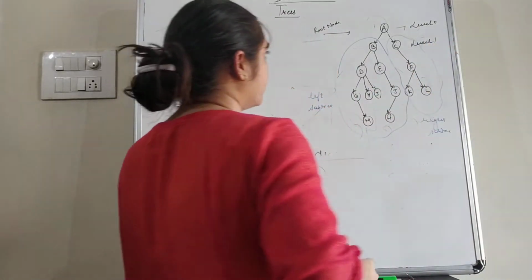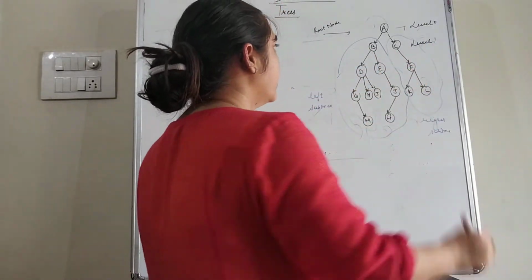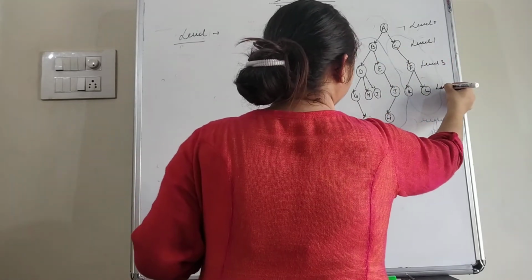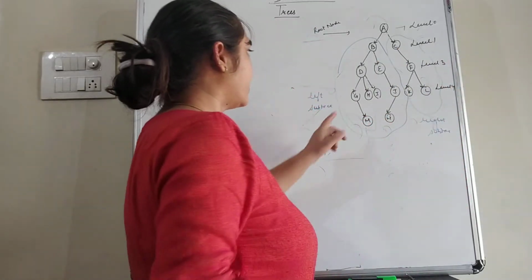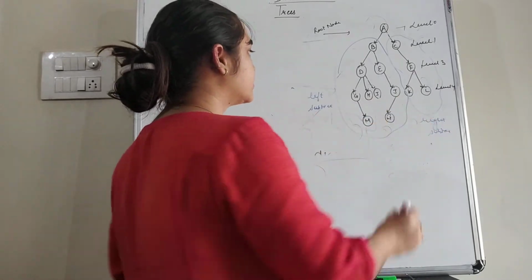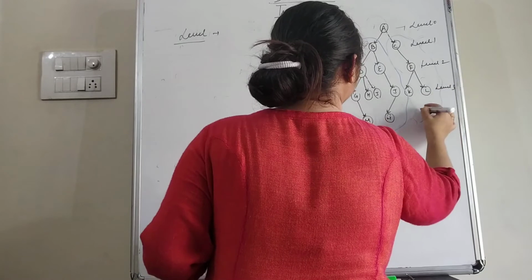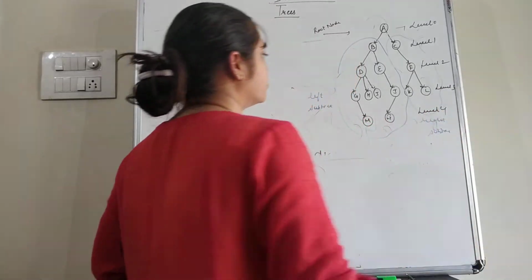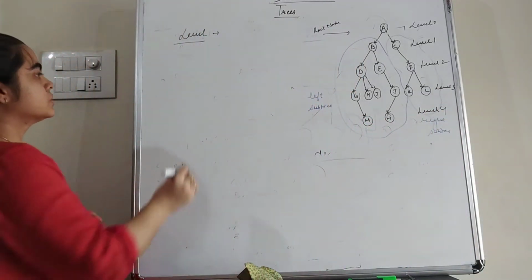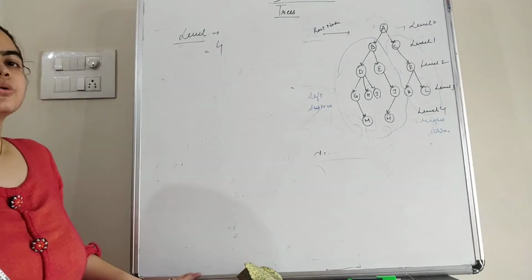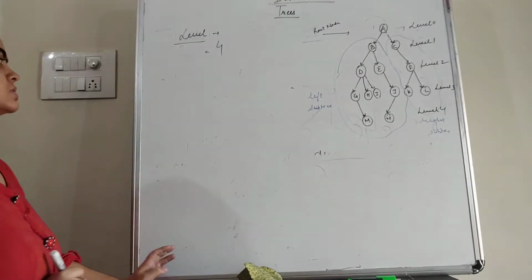Then we have level 1 with values B and C. In level 2 we have 3 nodes D, E and F. In level 3 we have 6 values 1, 2, 3, 4, 5 and 6, and in level 4 we have only 2 values, M and N. For this tree the level is 4. So that means the root node is always at level 0.